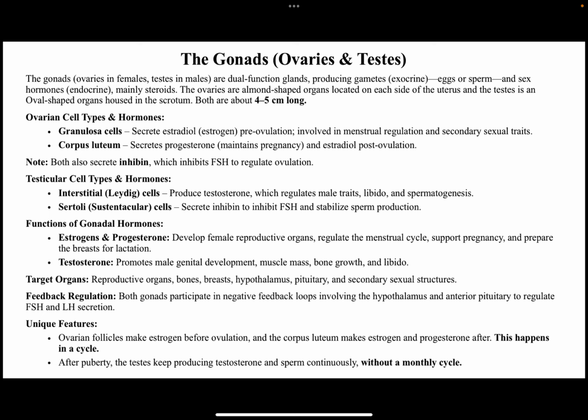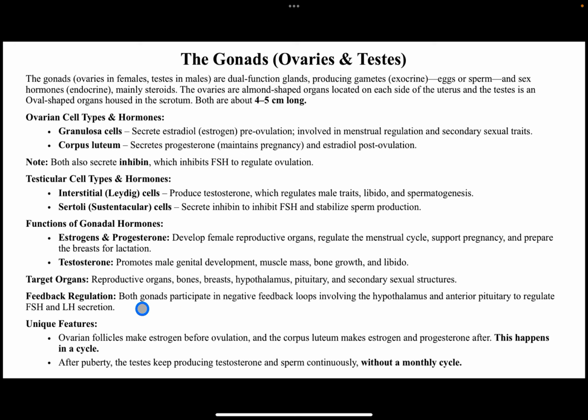Now, let's look at the target organs of these gonadal hormones. One, they target reproductive organs. They also target bones, the breast, the hypothalamus, the pituitary gland, and secondary sexual structures.